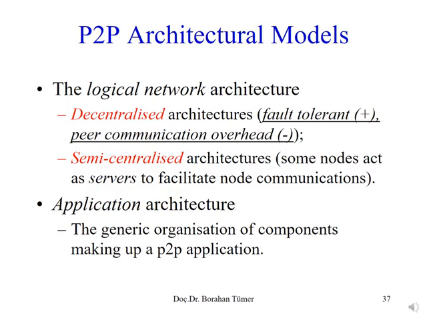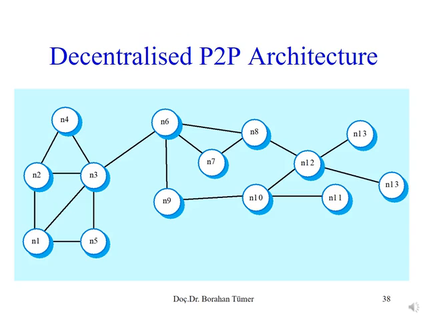And at the application architecture level, we see the generic organization of components making up a peer-to-peer application. Here you see a typical decentralized peer-to-peer architecture. Many nodes are connected to many others.